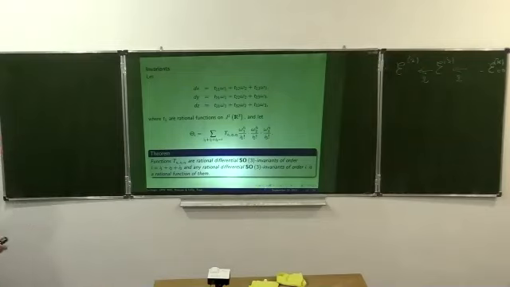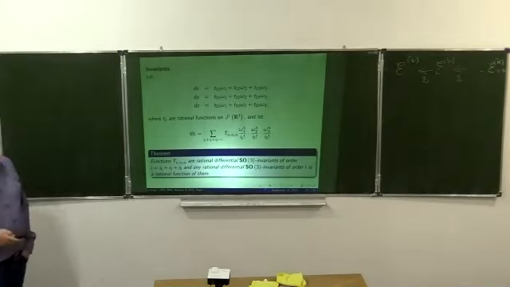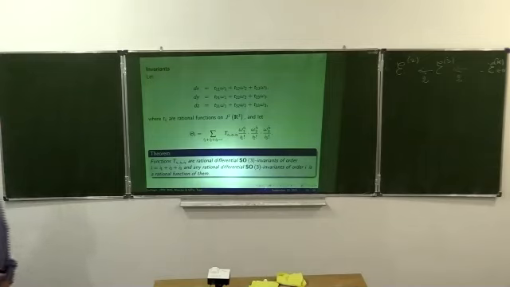But if I'm looking for invariants, I can simply take rational functions of these T's. And since you can express U's and T's through each other, it simply means that all rational invariants will be rational functions of these T's.